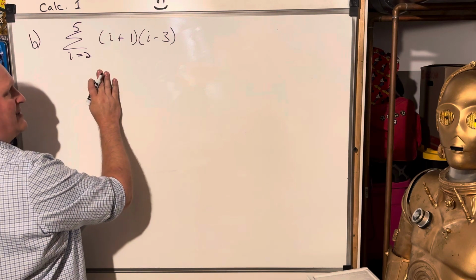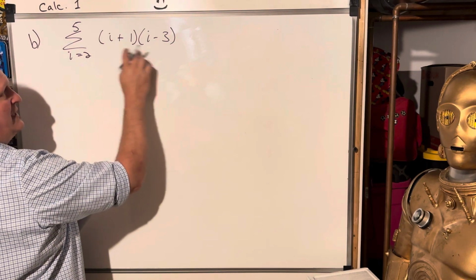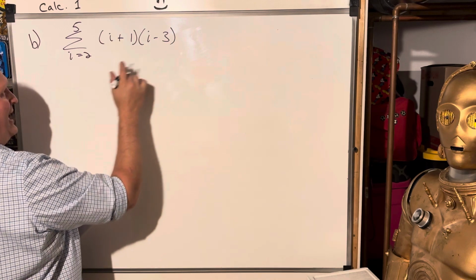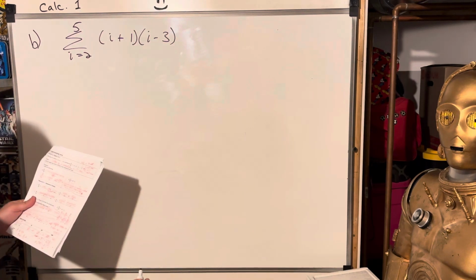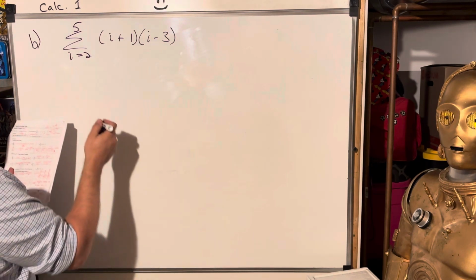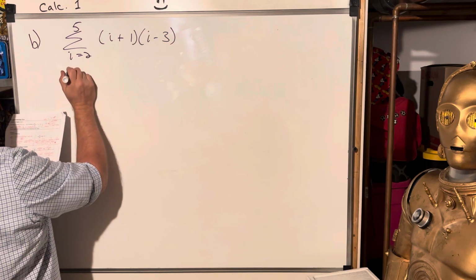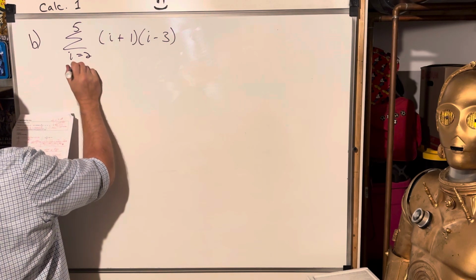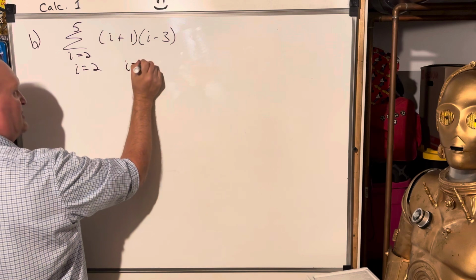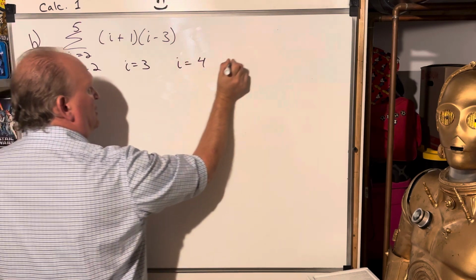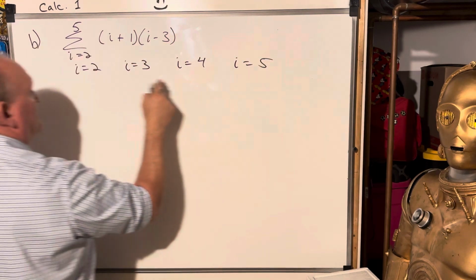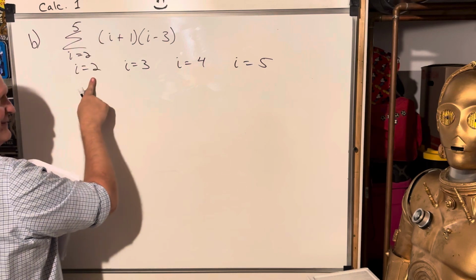All right, let's take a look at this one. Yeah, we can't shortcut that or anything because we got to sub this 2 in every place where we see an i. So I mean, you can do it here since it's notes. I'll show you. You know, it's i equals 2, i equals 3, i equals 4, i equals 5. Thank goodness it's only from 2 to 5.